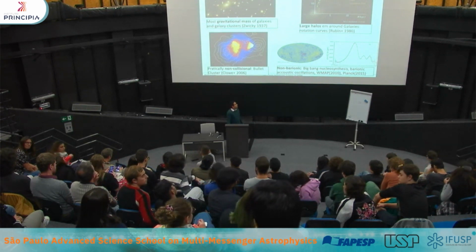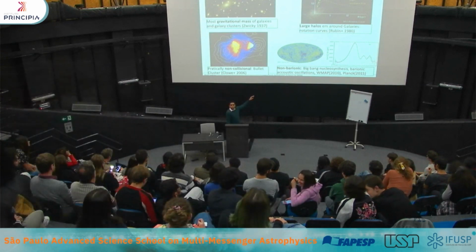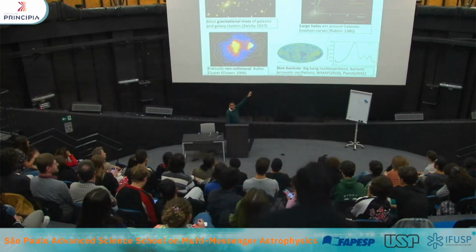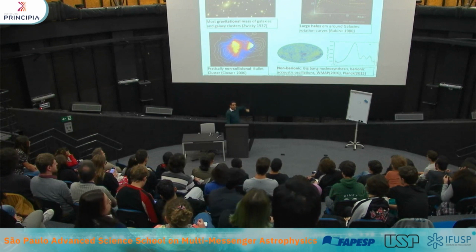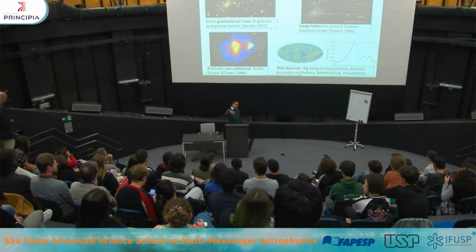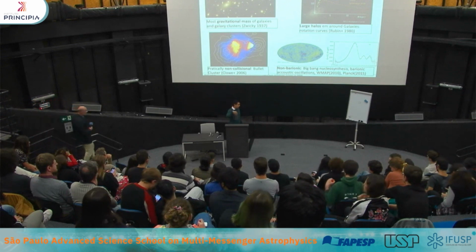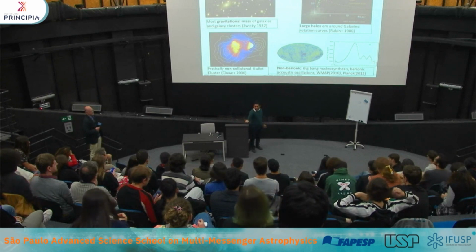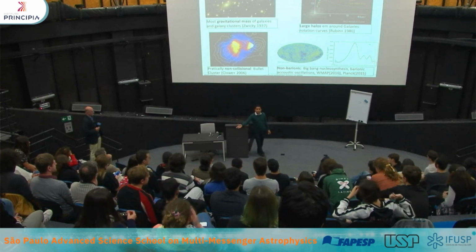Here I limited myself to model independent tests. But you can have tests which are model dependent. You can assume what your dark matter particle is, what the nature of this particle is. Sterile neutrinos are one possible candidate for dark matter itself.